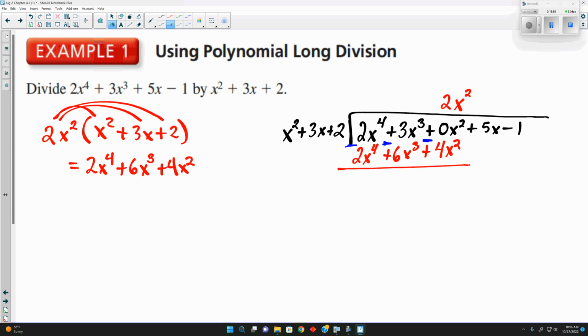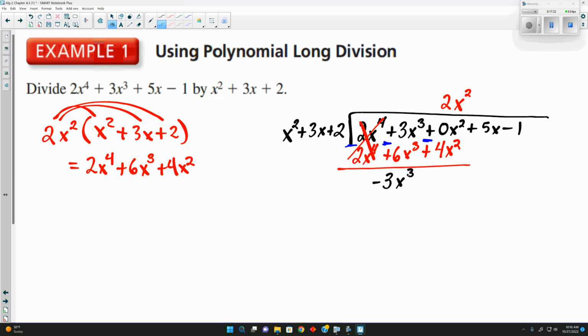2x to the 4th minus 2x to the 4th is 0. 3x cubed minus 6x cubed. 6 minus 3 is going to be negative 3. And then we have x to the 3rd. Now, we needed that 0x squared because if we weren't paying attention, there's a good chance you would have subtracted, done 5 minus 4.